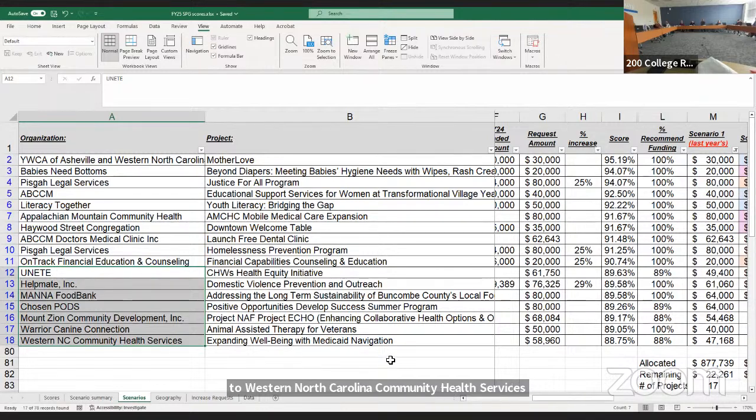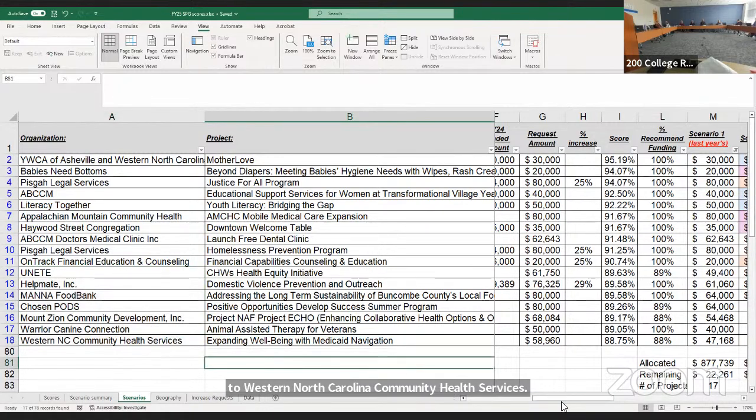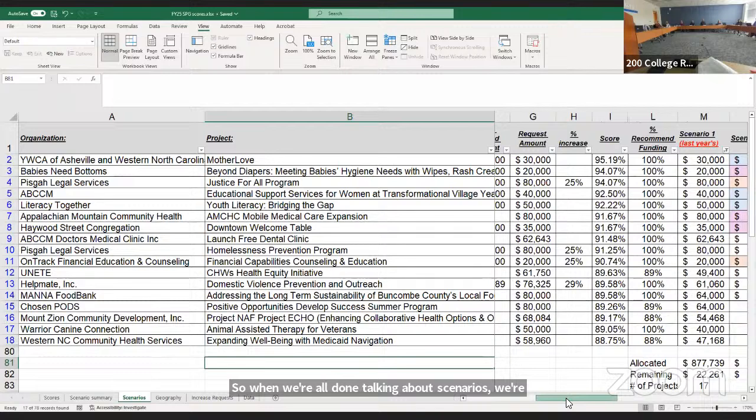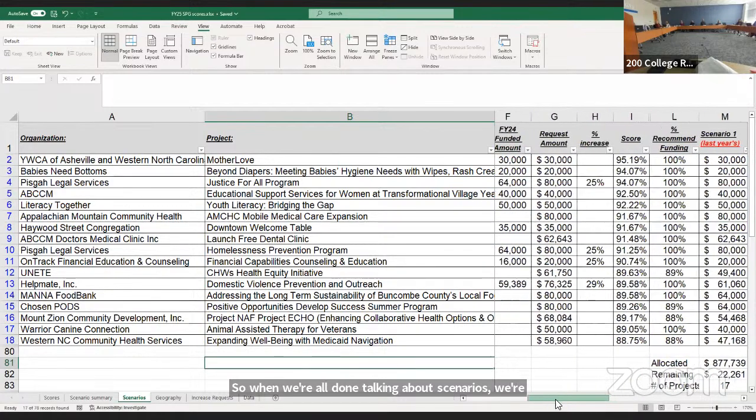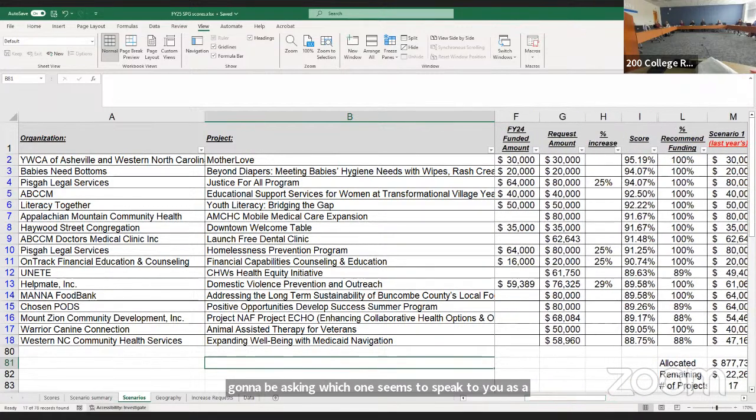So when we're all done talking about scenarios, we're gonna be asking which one seems to speak to you as a jumping off point. You don't have to adopt any one of these scenarios, even as is. So be thinking about that as we look at it. Also keep in mind, we are asking for more funding in the strategic partnership grants.